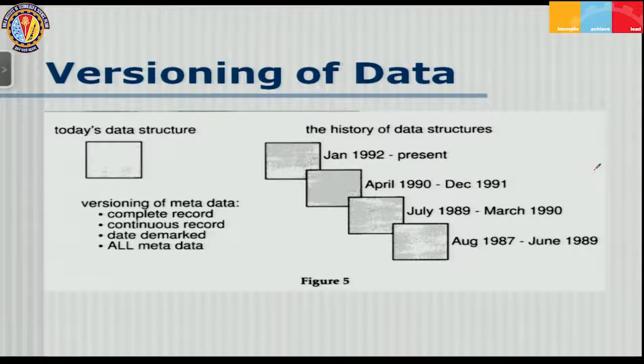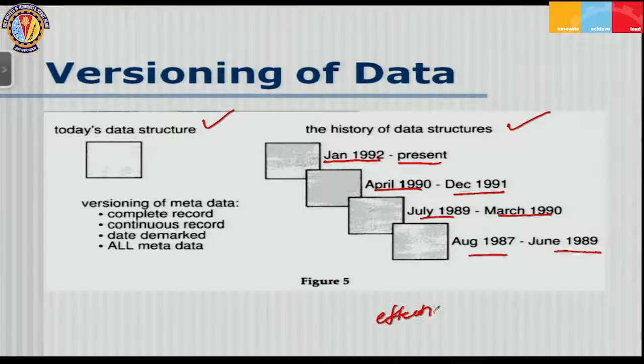So this is versioning of the data. On the left is today's data structure, the current one, and then we also keep the history of data structures. You can see the effective from and effective to dates are specified in all the cases, and sometimes we don't specify the end date, or what is called the effective to date, and that can be inferred.